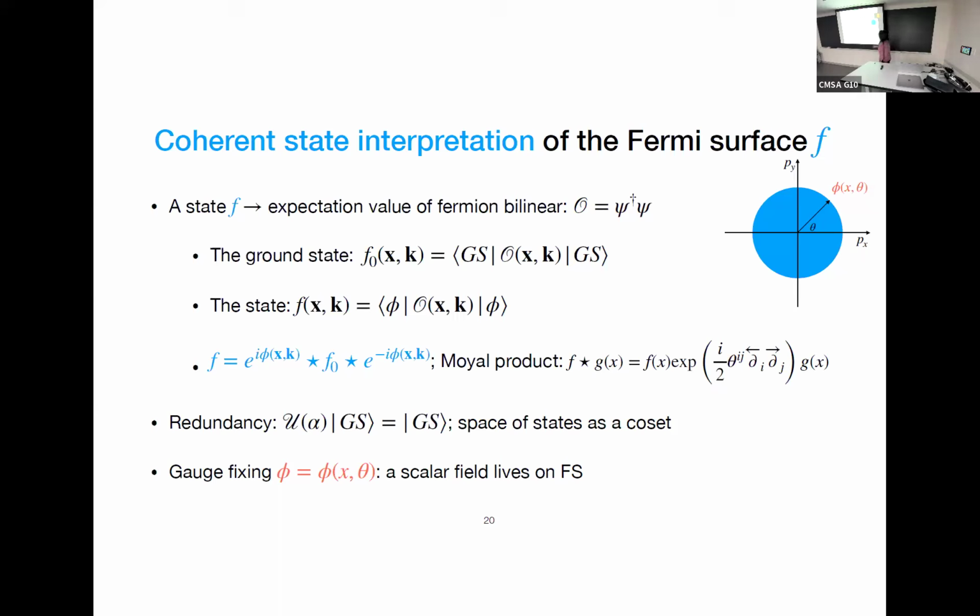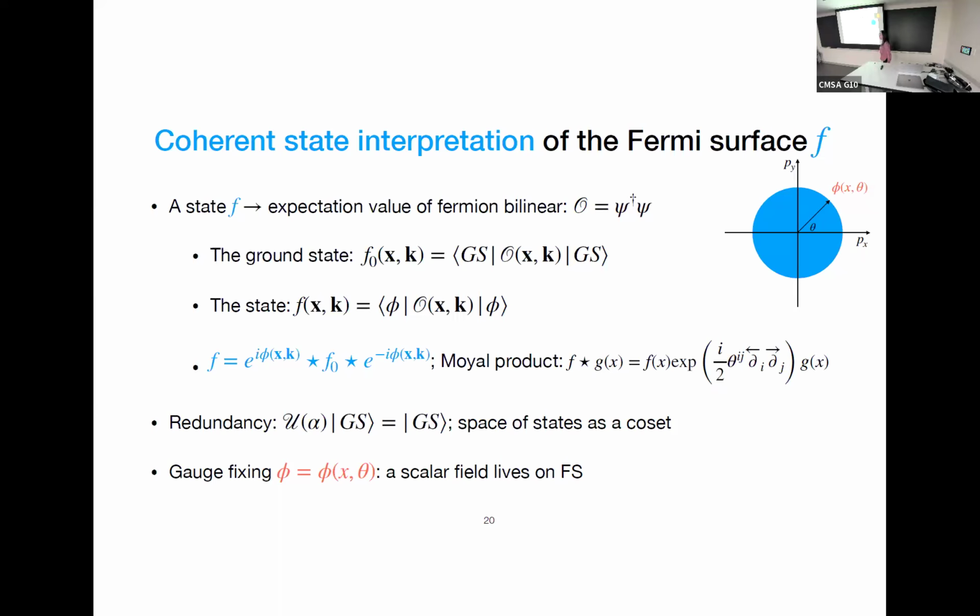In this kind of description, there's actually some redundancy. If you choose some other parameterization, this will give us the ground state hit by that and lead to the same ground state. So we know that the space of states can be thought of as some coset. One can reduce this redundancy by choosing a gauge fixing condition.